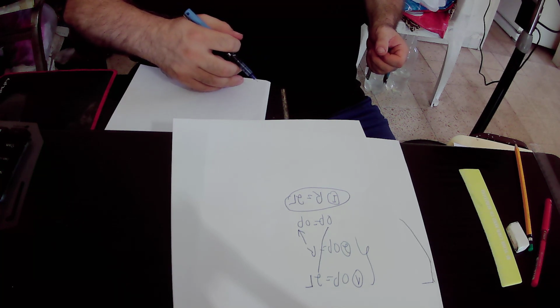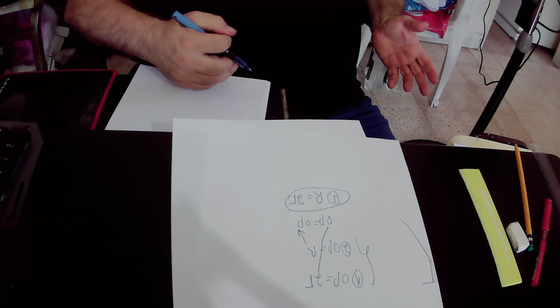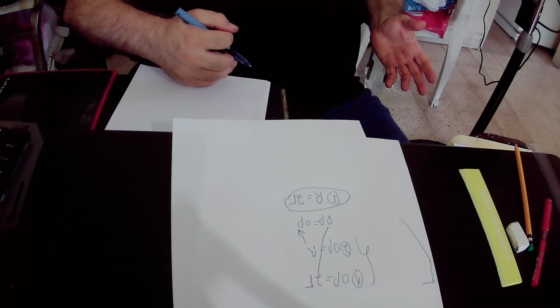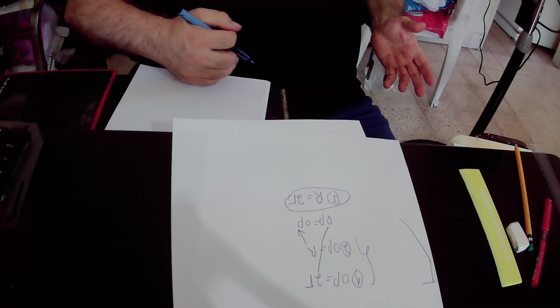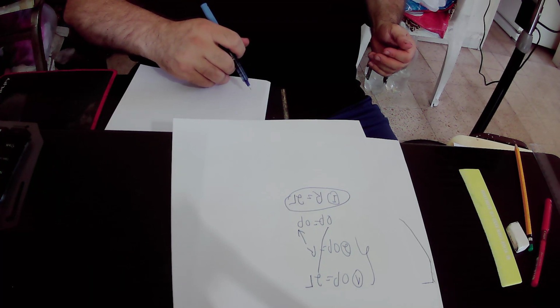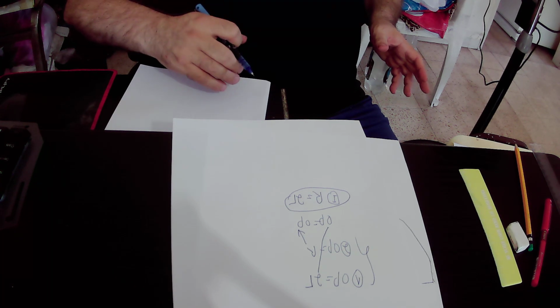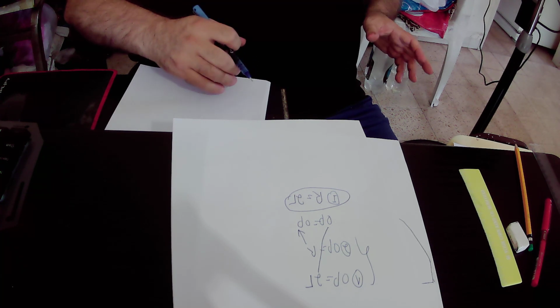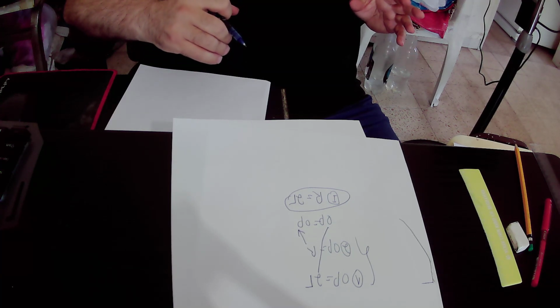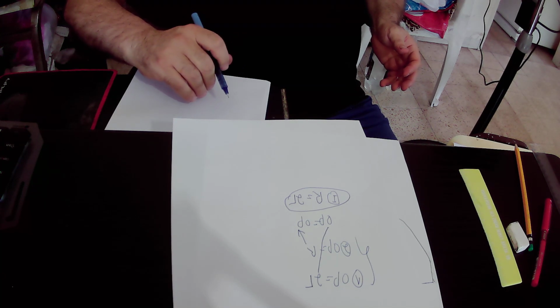Or the radius of the semicircle is twice the radius of the small circle itself. Okay.